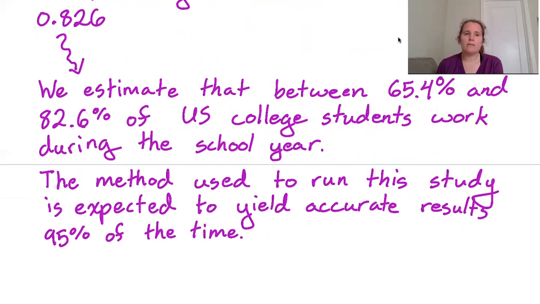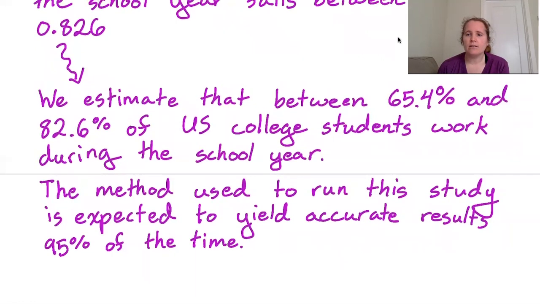So the first sentence I wrote before my squiggly arrow is our generic statistics version. And these last two sentences are how we can explain this to the general public.